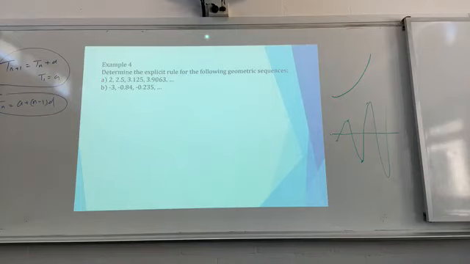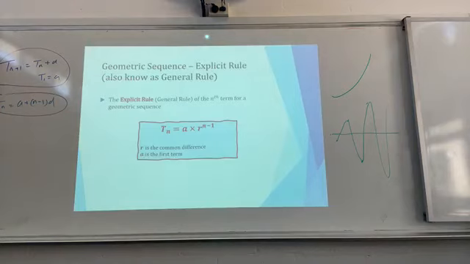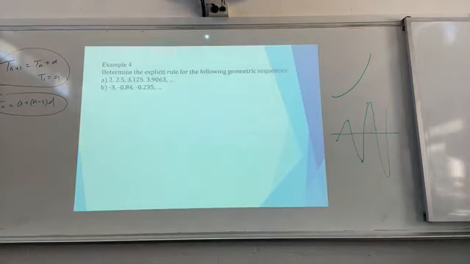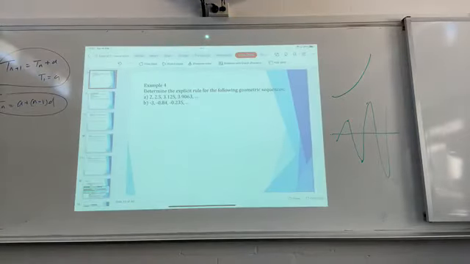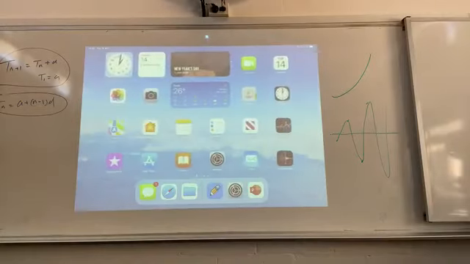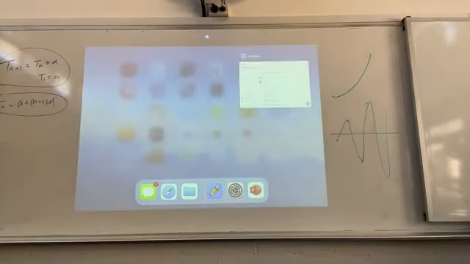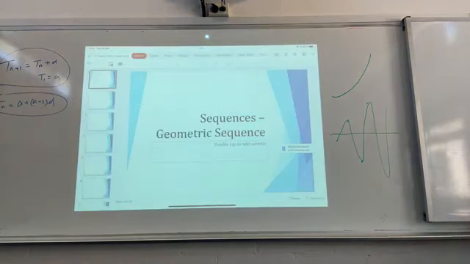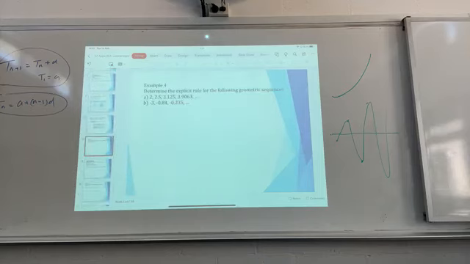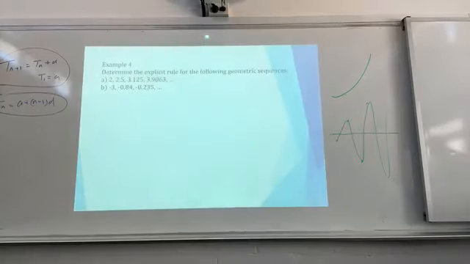So let's do A. Because you already know it's geometric, just figure out 2.5 divided by 2. Right. It's not working. I'll use the whiteboard.